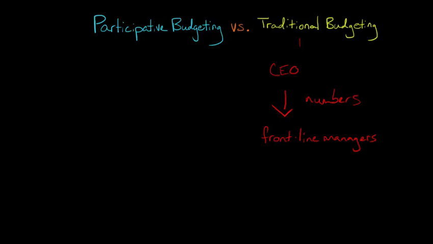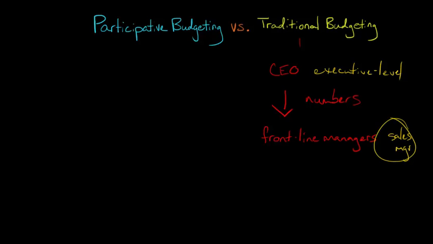So when you have this situation where the executives are dictating the budgeted numbers, let's take the example of a sales manager. Who has a better idea of what sales are going to be next quarter?